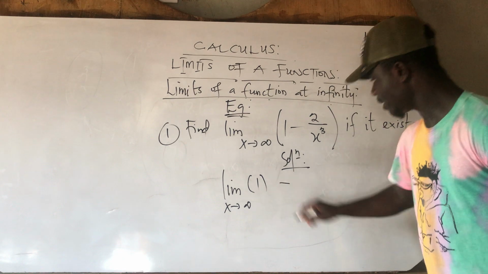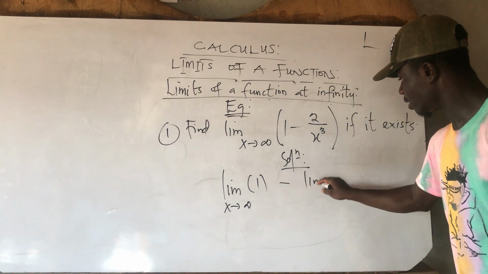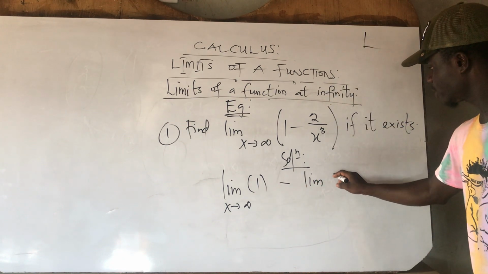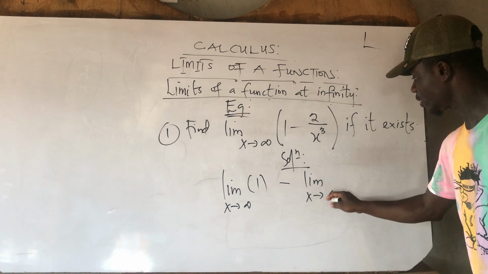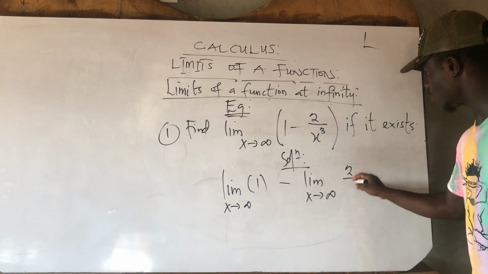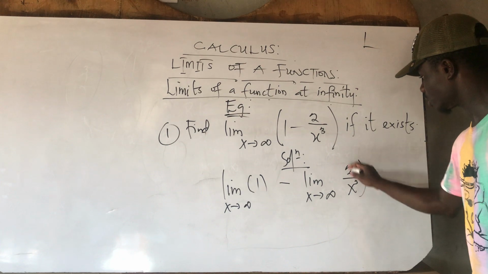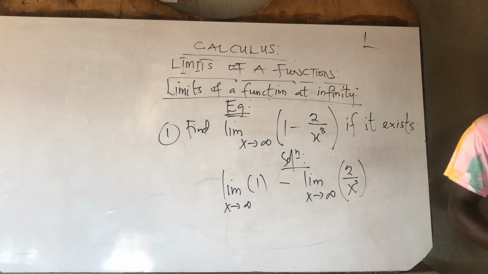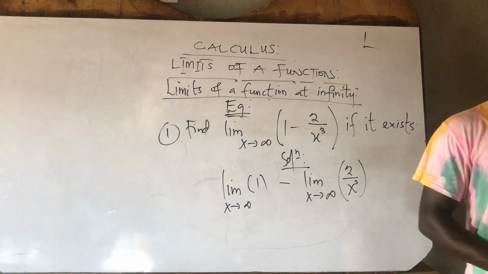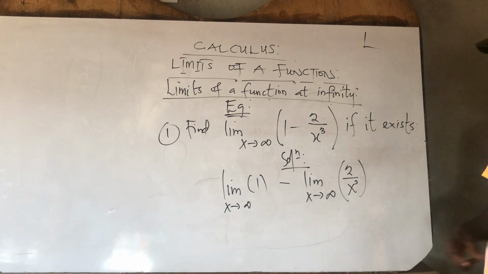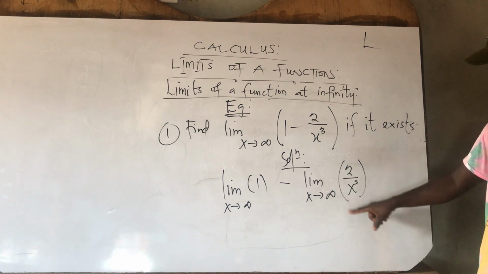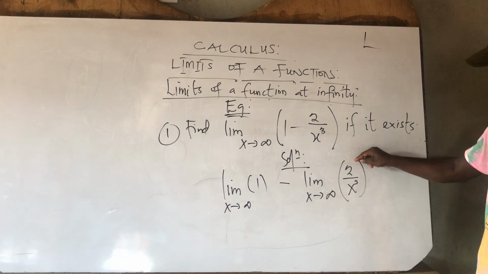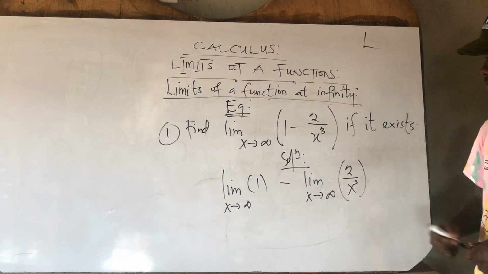So this one minus the limit as x approaches infinity of 2 on x cubed. So we have it as that. Now, the limit as x approaches infinity of 2 over x cubed.